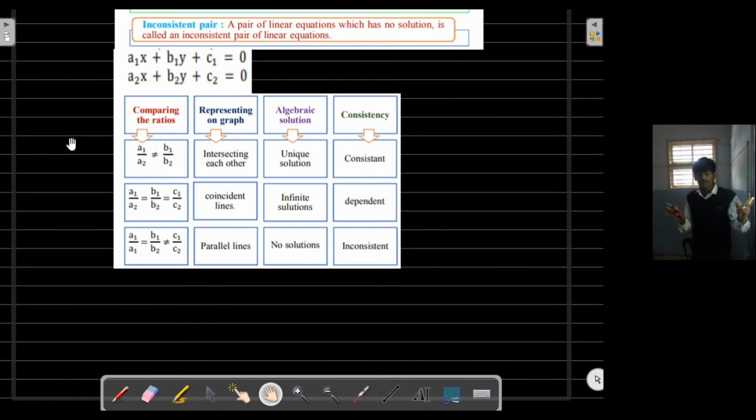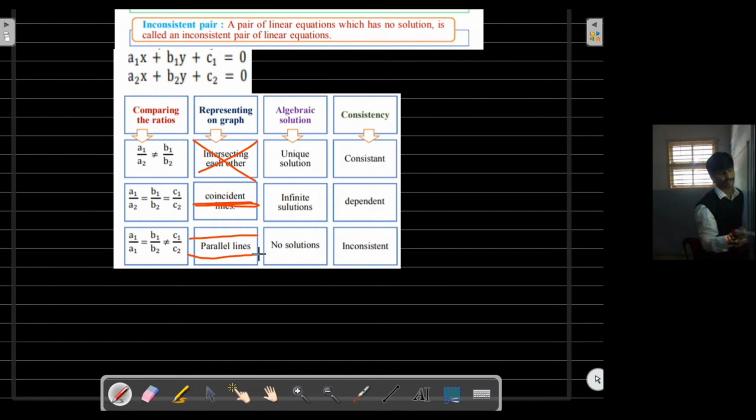If these two ratios are not equal, we get intersecting lines. So the condition is a1 by a2 is not equal to b1 by b2.